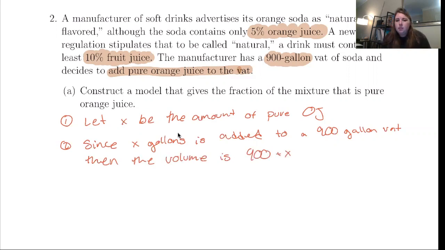So I'm just putting it on additionally into it. Then we have that initially there's 5% orange juice in the 900 gallons.